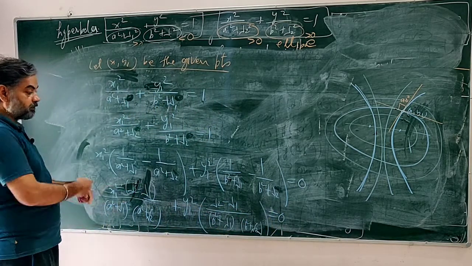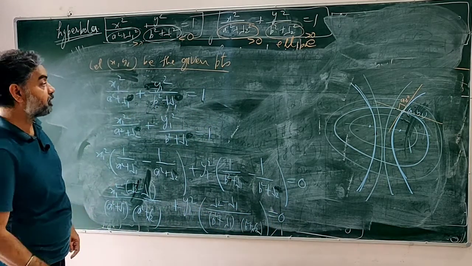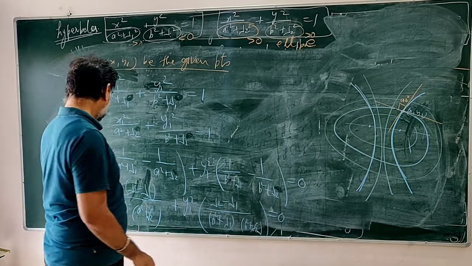So lambda 2 minus lambda 1 cancels, because lambda 1 is not equal to lambda 2.